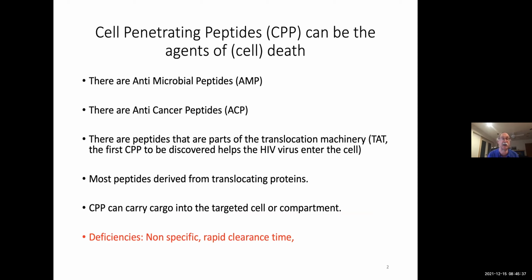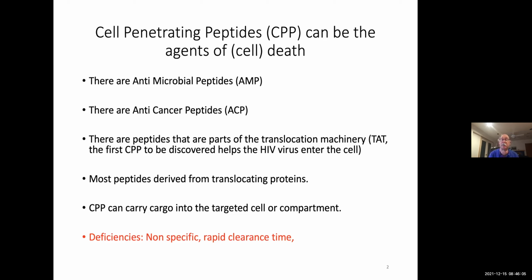Some of these peptides are antimicrobial, so they kill all kinds of bacteria by doing something either to the plasma membrane or inside the cell. There are some peptides that are anti-cancer, called ACP, and therefore they are very interesting from a medical point of view. Some peptides are both antimicrobial and anti-cancer, and are of particular interest.